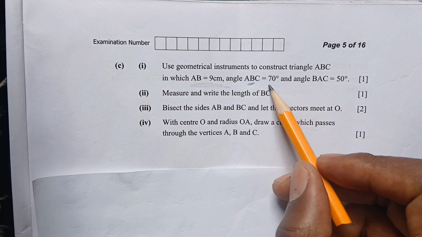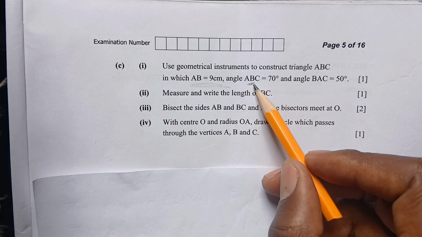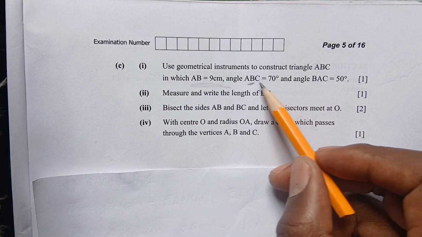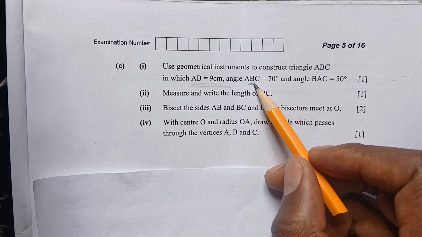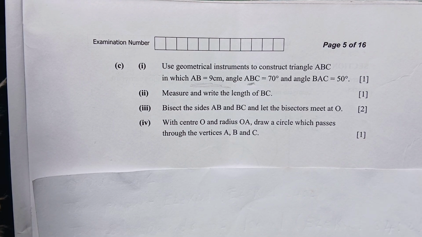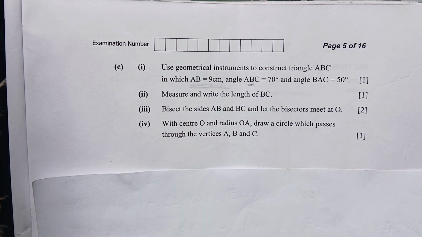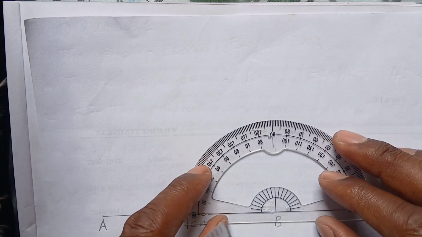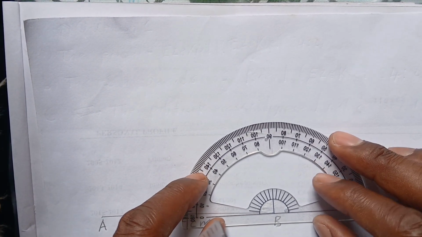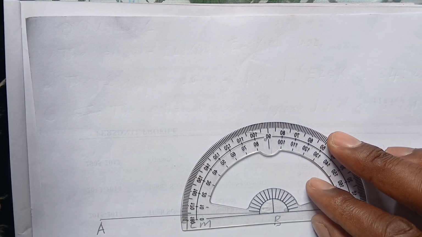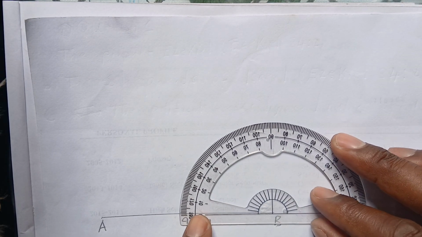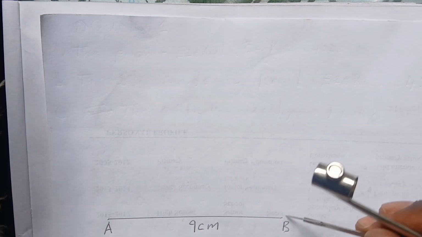So for us to find this angle ABC, which is 70 degrees, we need to put our protractor at B here. This is our protractor. We put it at B. It must be straight with the line.